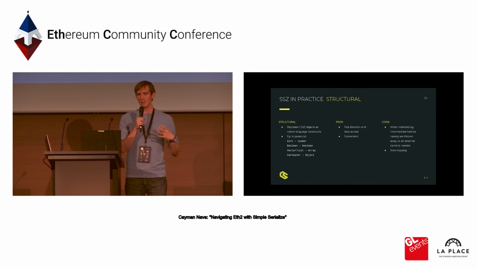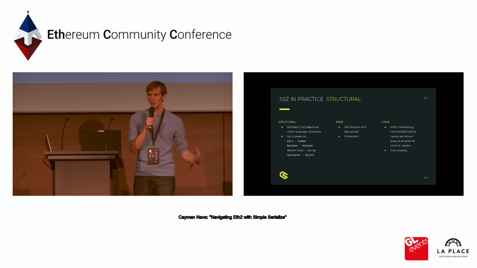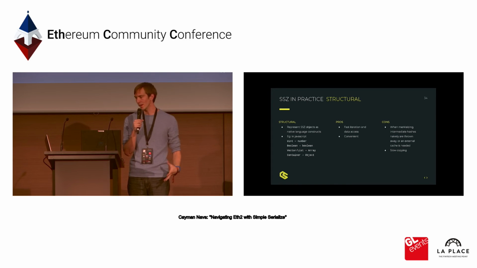So there's the structural approach. You can represent these objects as native data types in whatever language you're working in. And it's great because languages are usually designed to get out of the way. So when you access different pieces of data, it's fast. It's convenient because it's built into whatever language you're using. The cons are that when you actually go to Merkleize this data, you have to serialize the data, and then you have to do a lot of hashing.